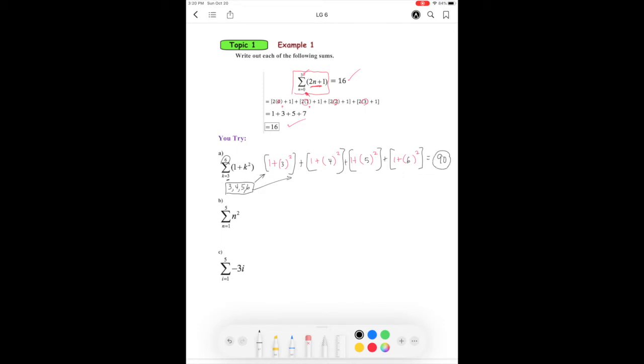That's the summation of that. So it's basically just writing the formula, plugging in, and chugging it along with your calculator. The key thing is go to 6. That's where I end, so it has to end at 6, and the 3 is where it started. So you try these guys, and I'll put the answers up so you can pause and work out the answers. So 55 is the answer to that guy, and down here we have 45.